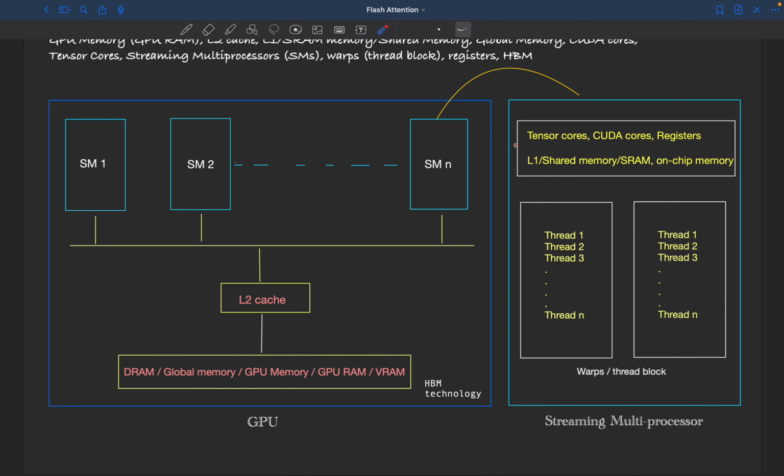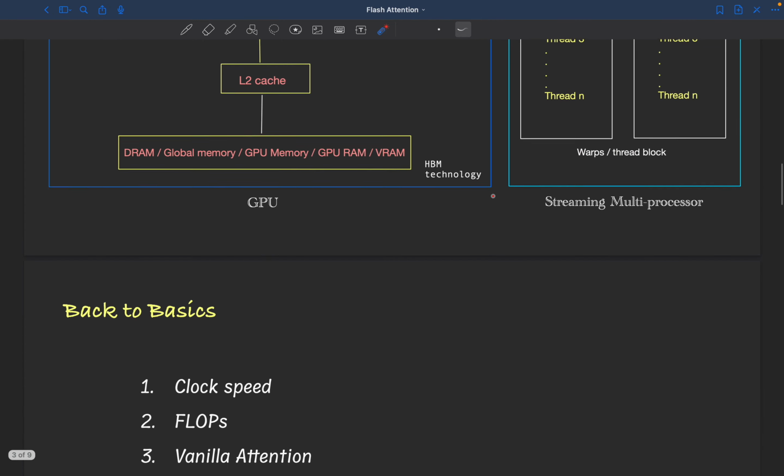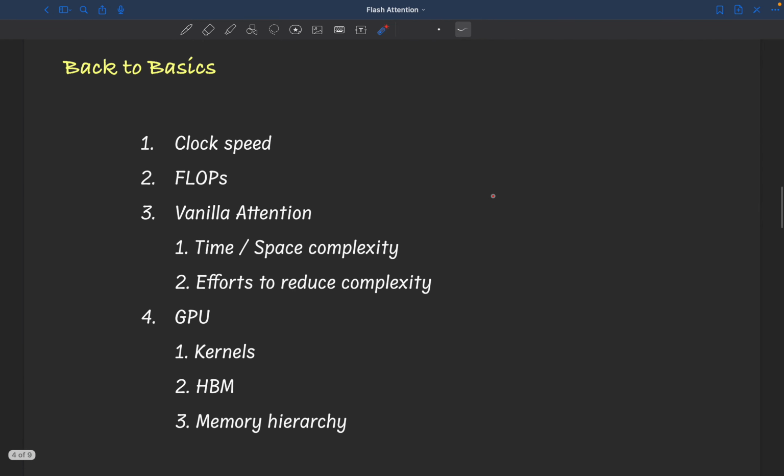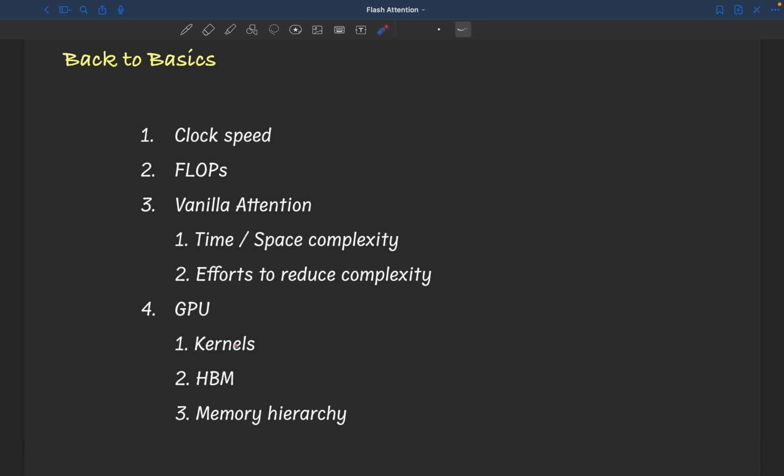And as we know, tensor cores are much faster, and this memory access from the GPU is much slower compared to the fastness of this. So that can be done very easily. I have just taken one example of kernels and kernel fusion, but in reality the implementation is in much more detail. I just took an example of softmax and matrix multiplication.